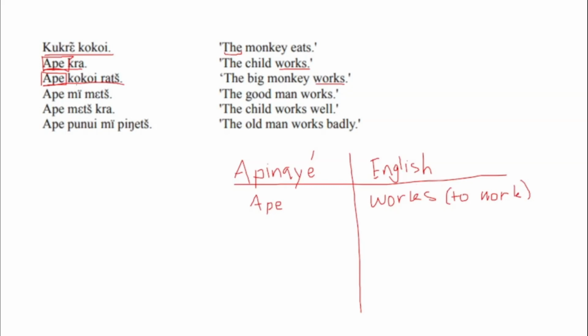And then from that, we can go back to the second sentence and see that the only other word there, since we assumed that the is not an individual word in Upinaye, we can assume that child is kra.